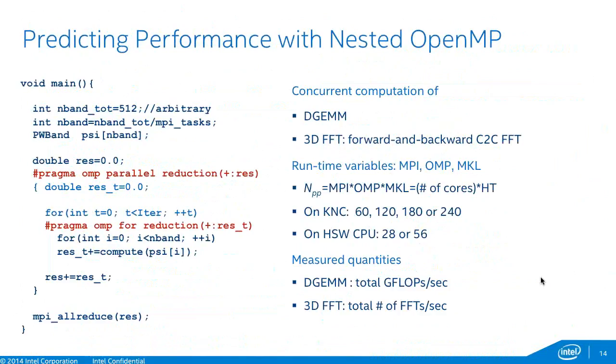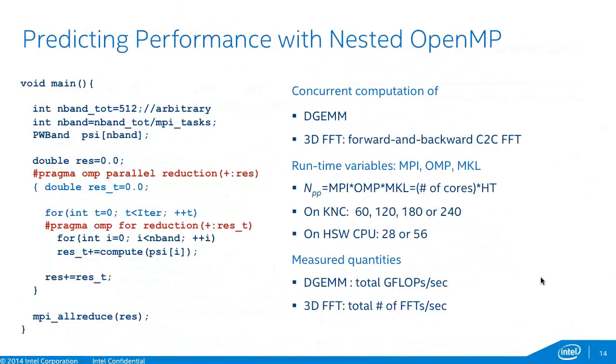But what you are deciding is the level of parallelization we are going to adopt at the higher level, and that allows another level of parallelization to take advantage of the architecture. So the test is done by varying the MPI tasks and OpenMP threads, which concerns how you distribute the bands.